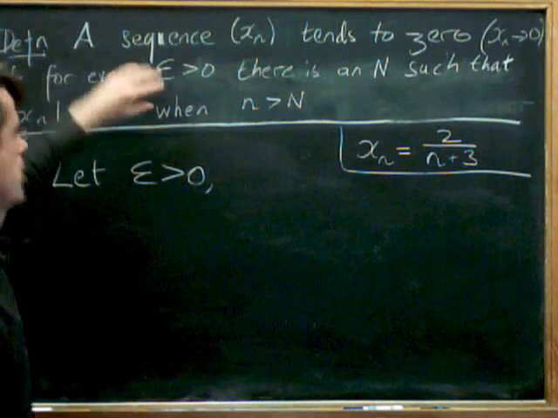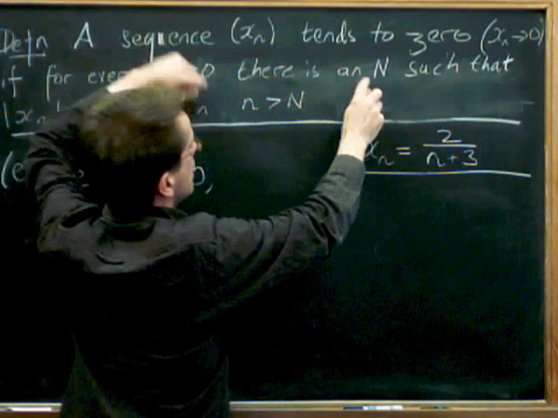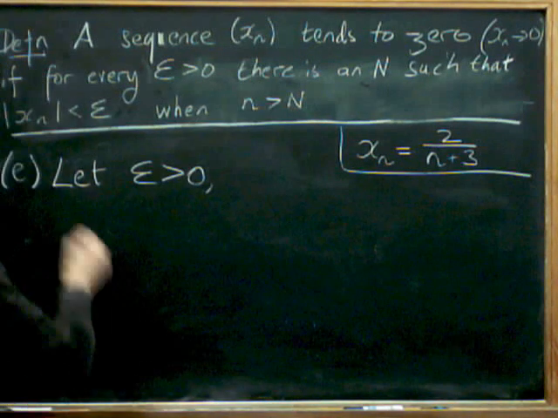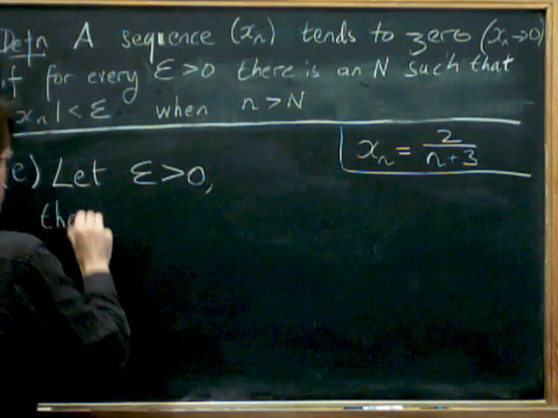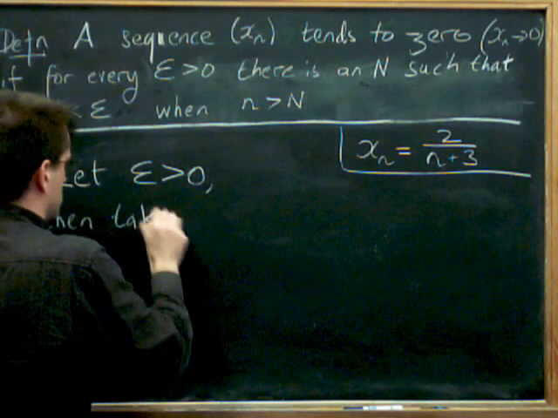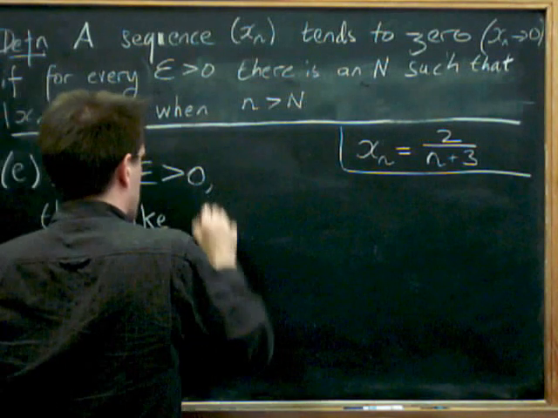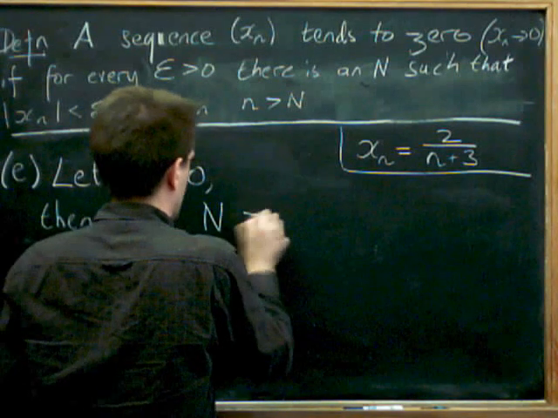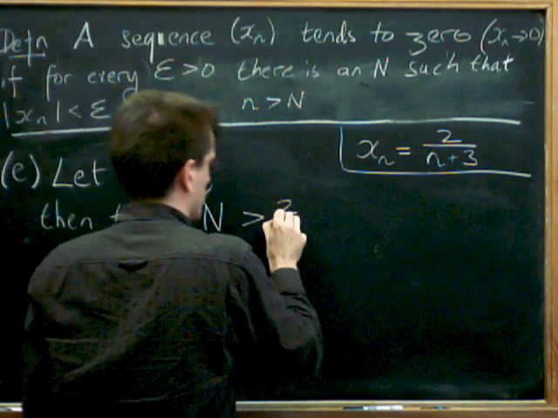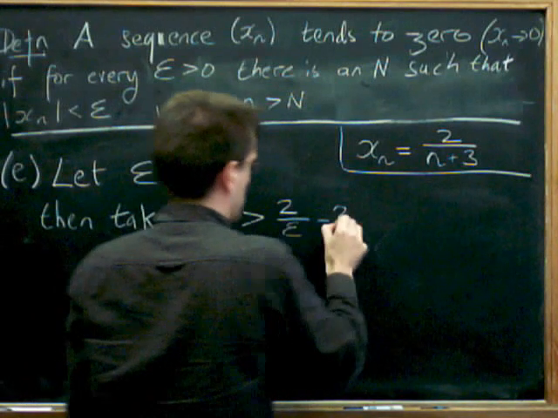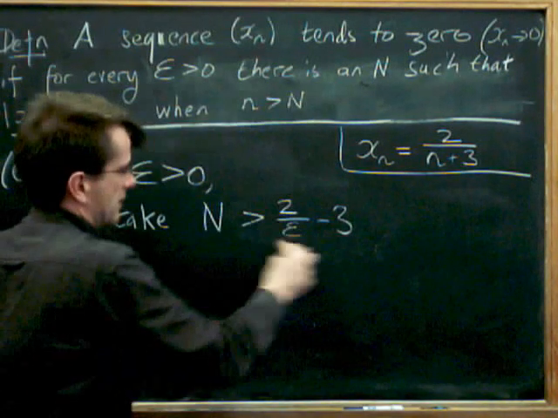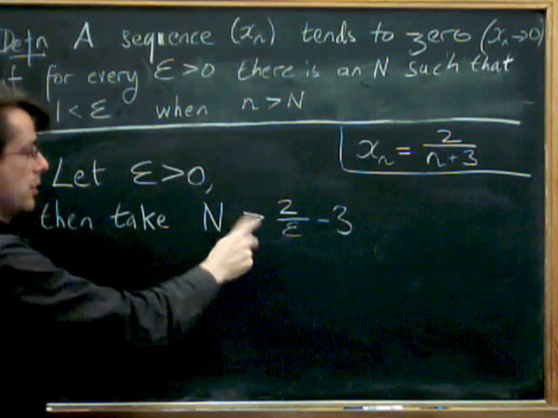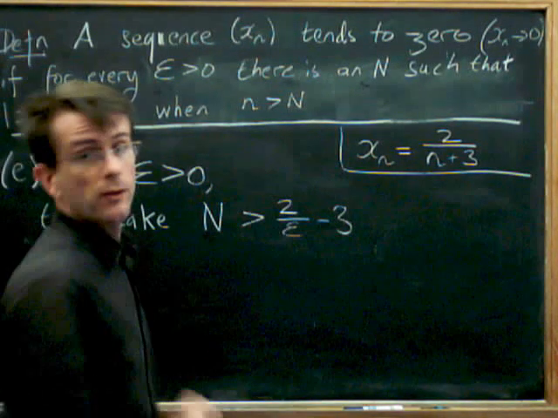I have to find an N such that this property holds. We've just discovered which N we want to take. We want big N to be bigger than 2 over epsilon minus 3. This isn't necessarily an integer, but we usually want big N to be an integer, so you can just take the next integer bigger than that if you want.